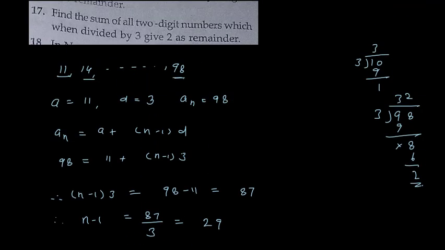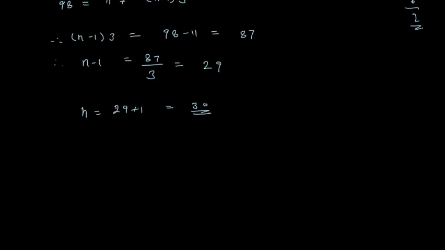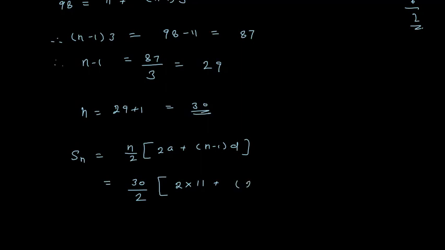So n is 30. Find the sum. Now I have to find the sum of n numbers. So Sn is equal to n divided by 2, in bracket 2a plus n minus 1 d. So here it is 30 divided by 2, here it is 2 into 11 plus 29 into 3.